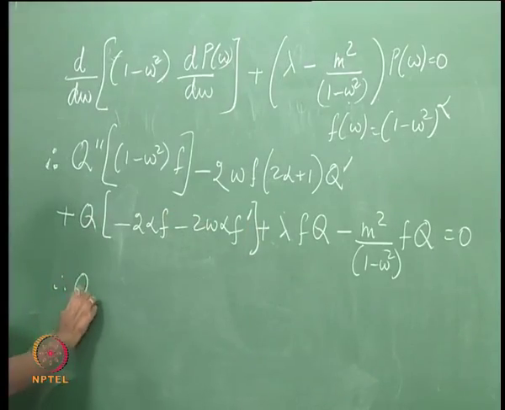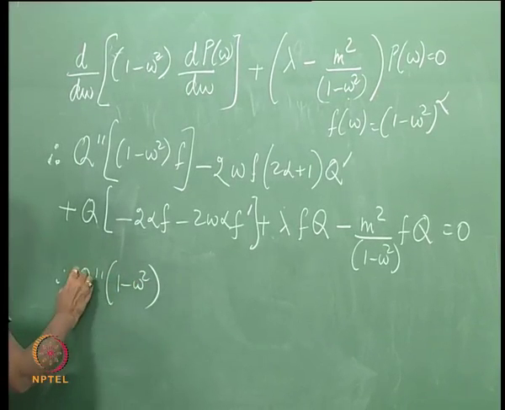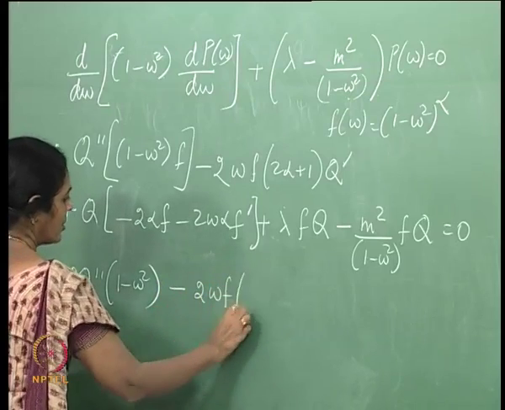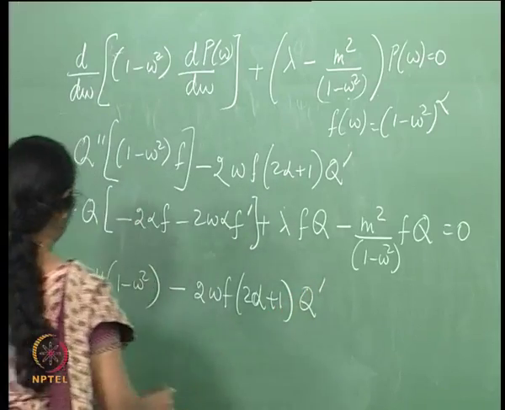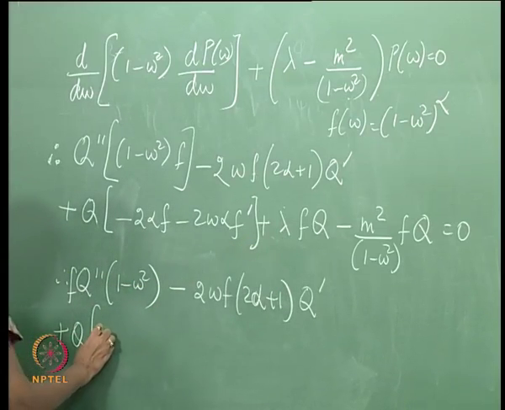So what does that mean? q double prime times (1 − w²) f, minus 2w f (2α + 1) q prime. And now group the q terms. There is a lambda.